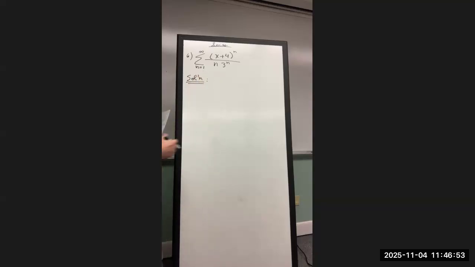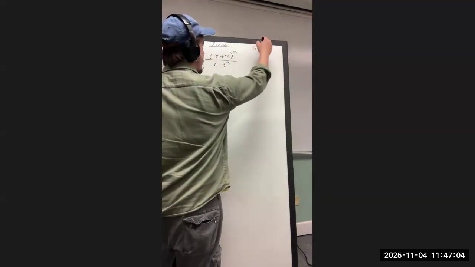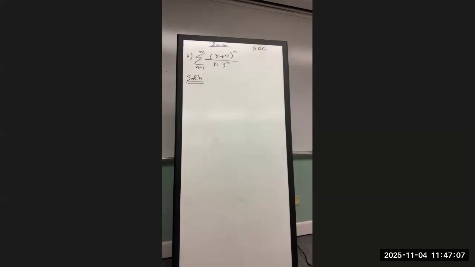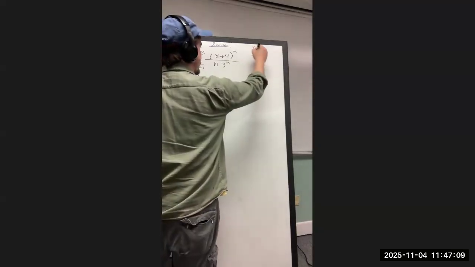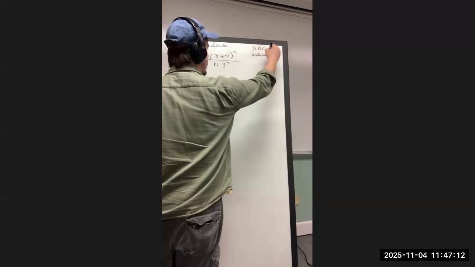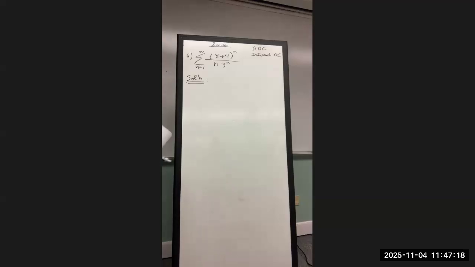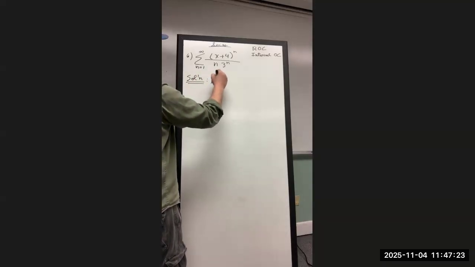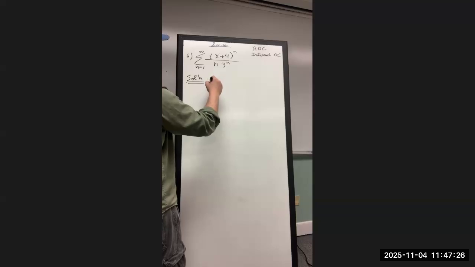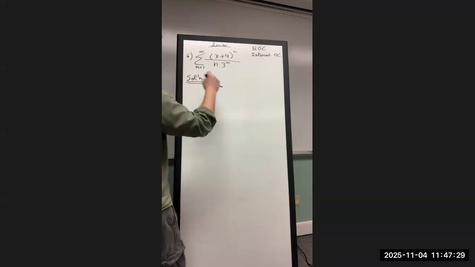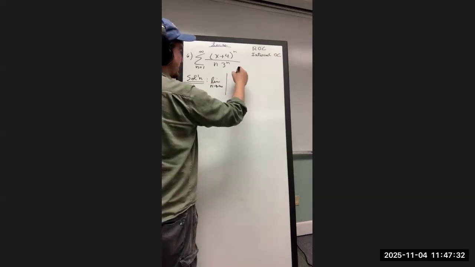I'll make sure to emphasize this in the other review session too. We want to find the so-called radius of convergence for these guys, and then there's also something called the interval of convergence. I've been loosey-goosey about this, so I want to make sure it's clear what is what, because there are two different things here. If we want to find the radius of convergence, we're going to use the ratio test on this guy.